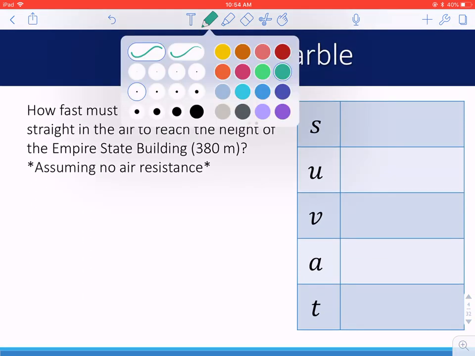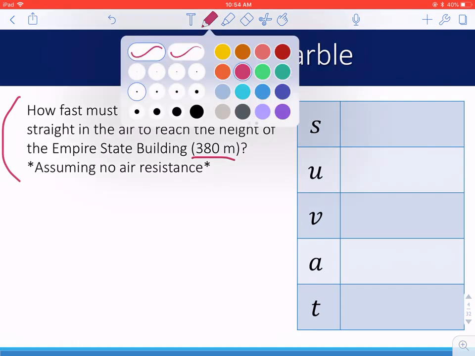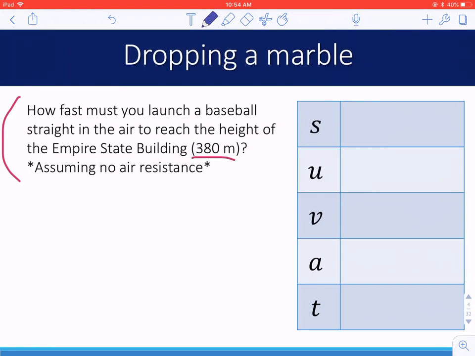So going back to these kinematic equations, if you have a problem like this where it's just talking about free fall, again an object's motion when there is no air resistance: how fast must you launch the baseball straight in the air to reach the height of the Empire State Building, 380 meters, assuming no air resistance. There are some things that we know about this scenario. We know that 380 meters is equivalent to S, that's our displacement, and since we are going up, we're going to keep that to be a positive displacement.